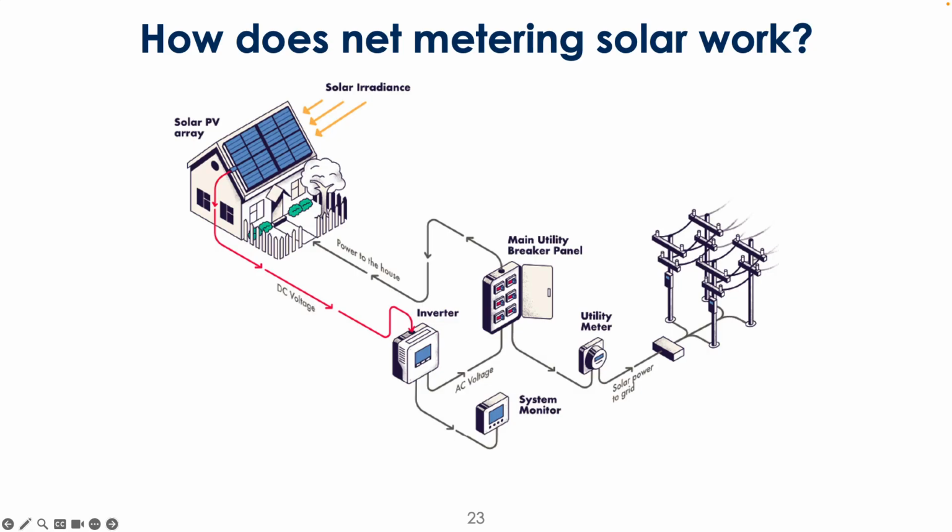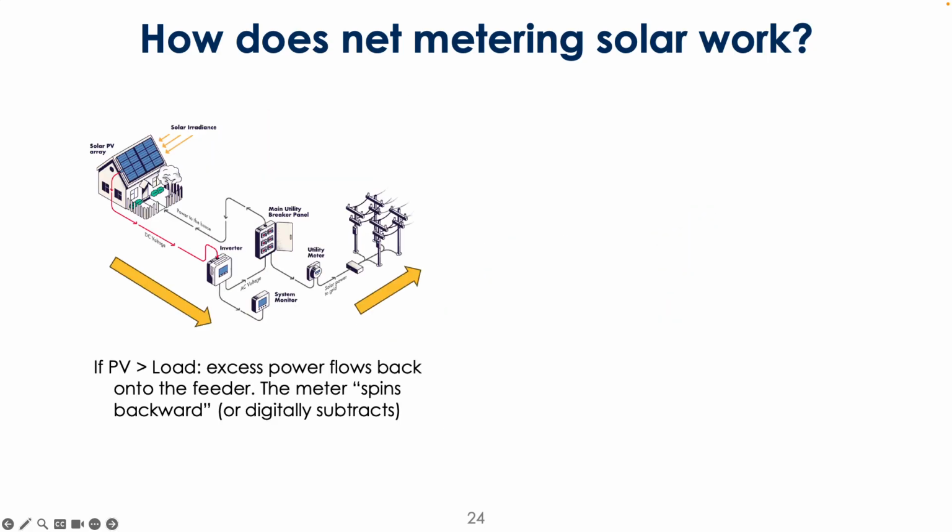And so the AC voltage, if you are powering the house, will go through your main utility breaker panel and power the house. And then you have some telemetry monitoring systems. You can also export it back through here, and you'll see your arrow going through your utility meter, right?